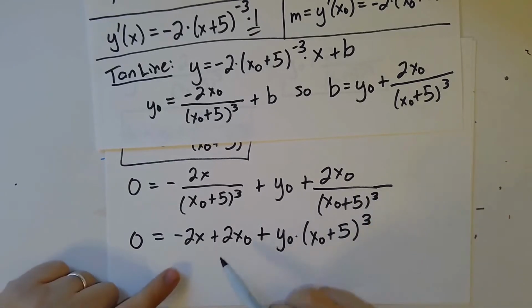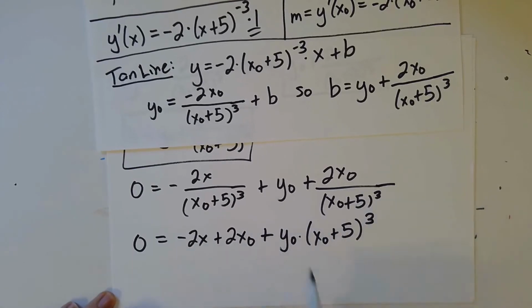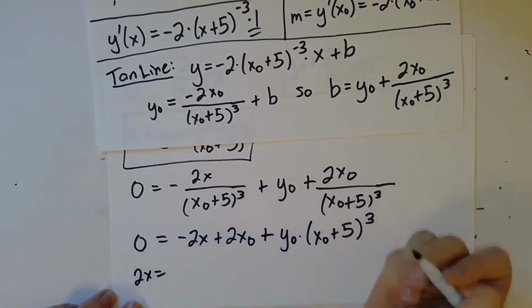So I'm almost at the point where I have solved for x. I just need to move the 2x over here. So I'll get 2x is equal to all of that.